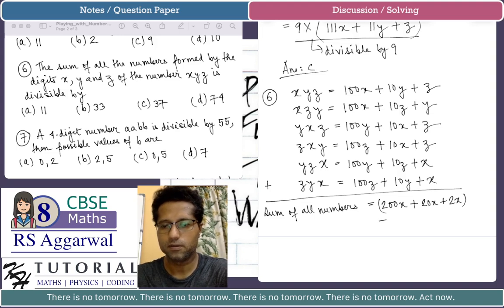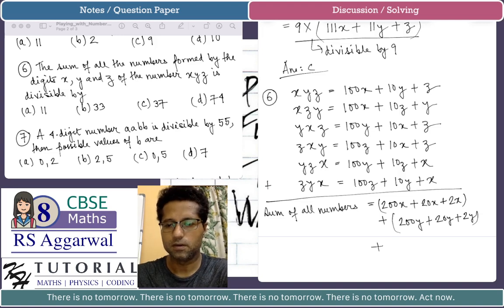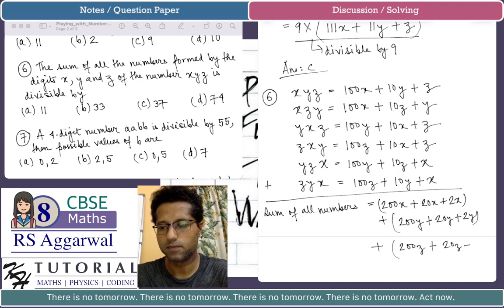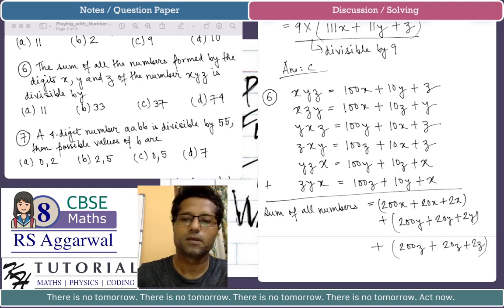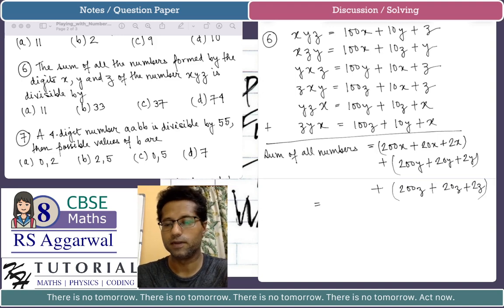Similarly we will have 200y plus 20y plus 2y, and we will have 200z plus 20z plus 2z. So 200x plus 20x plus 2x is 222x. Similarly, we will have 222y, and 222z.